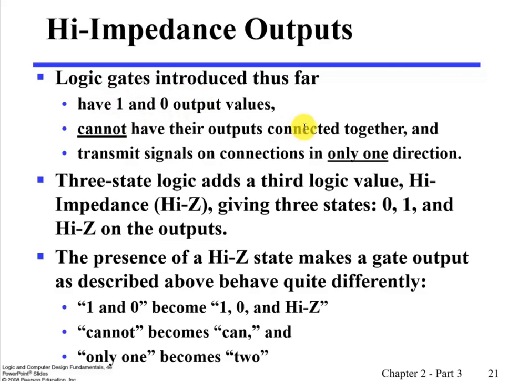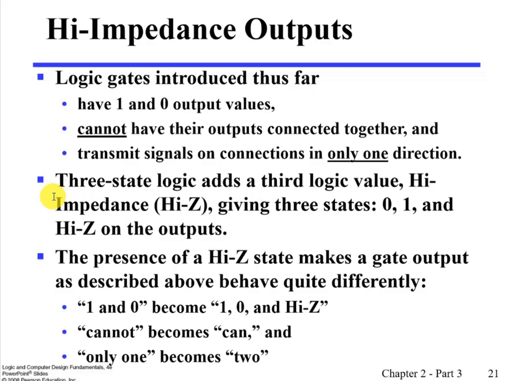Here we will see an interesting structure called a 3-state buffer, which provides us a third output value, which we refer to as the high impedance state, and we denote it as high Z, or sometimes just Z. The high Z, high impedance value behaves as an open circuit, which means that the output appears to be disconnected internally if you look at the circuit.